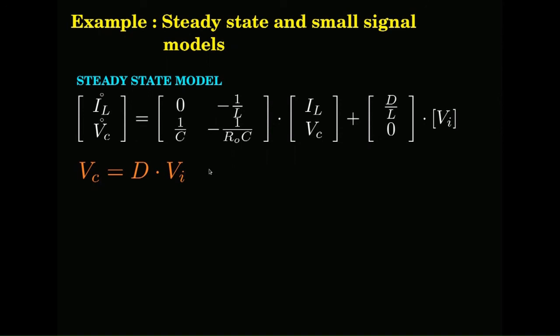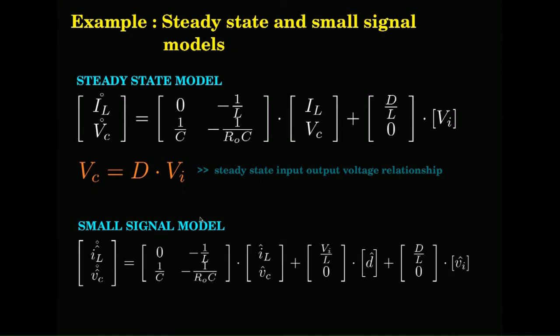The steady state component will give you the voltage relationships and current relationships. So, this will give you the steady state input output relationship, which you will use for feed forward terms in your control topology. Okay. The small signal model you will use for your K controller design in your controller topology. So, this is the small signal model.